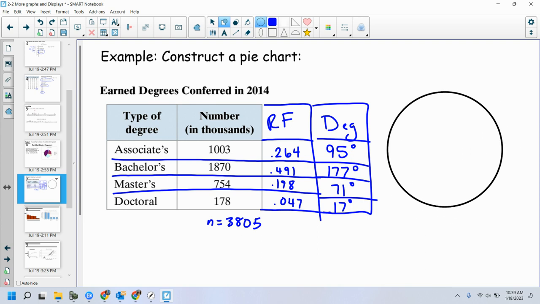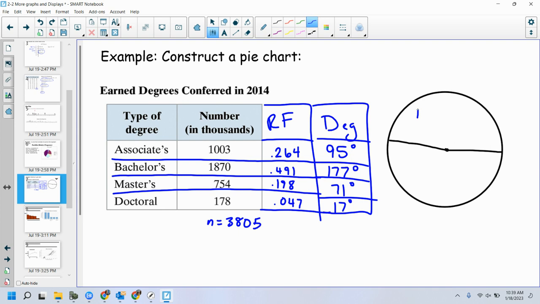And then I'm going to start with my biggest chunk. My biggest chunk is bachelor's degree. It's 3 degrees less than a half circle, right? So I'll go straight out to the right, just a hair underneath a half circle. So that is my bachelor's.